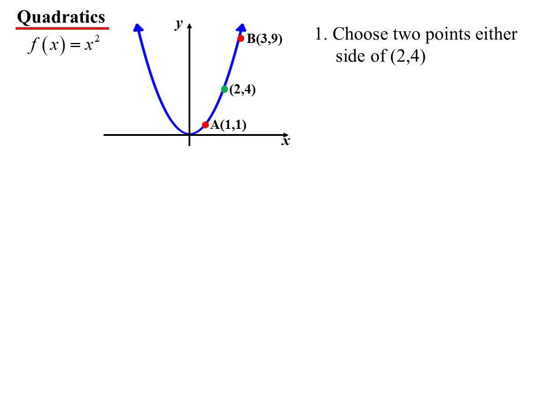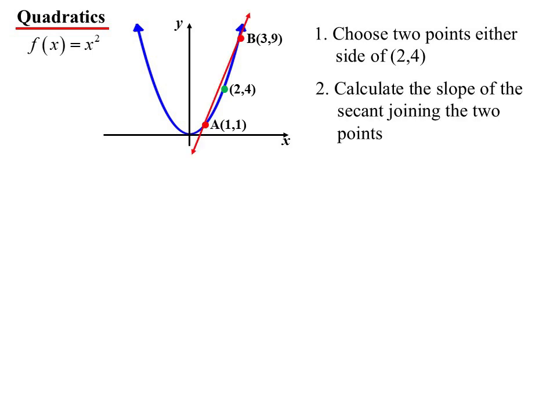I've chosen (1, 1) and (3, 9). If I calculate the gradient of that secant, it'll give me an estimate for the slope of the tangent. Imagine sliding that line across to the point itself, and it'll be pretty close to being the tangent, if it's not the tangent. The slope of AB I can work out, it's 4. So I'm saying, okay, the gradient function at the point 2 would approximately be 4.